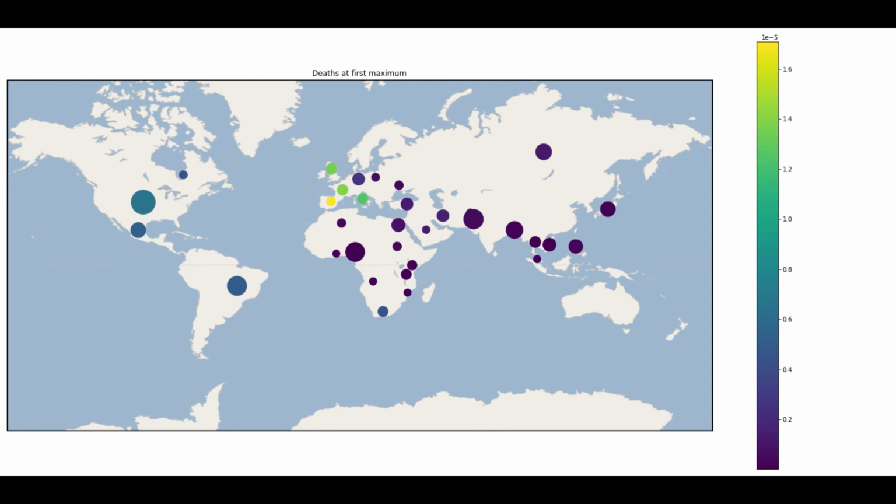Now, this picture shows the relative amount of people dying on that first local maximum. So the point when basically the pandemic started and reached its first local maximum in that specific country, how many people compared to the amount of inhabitants died on that day. So what we see here basically is Asia and Africa relatively calm.